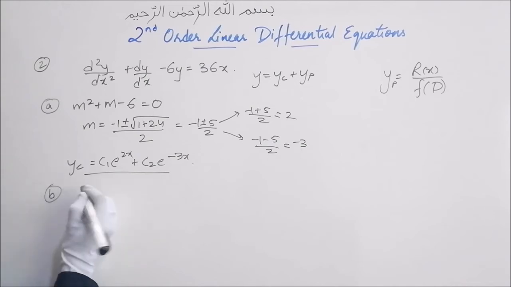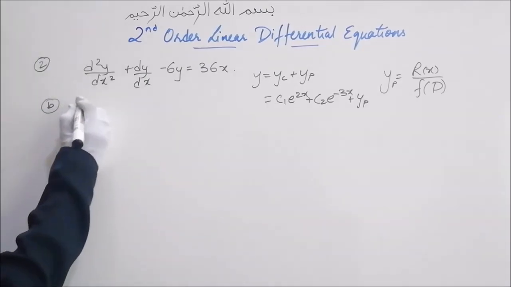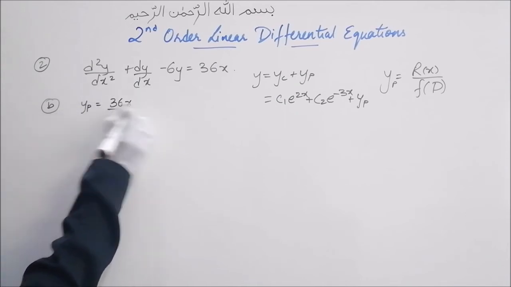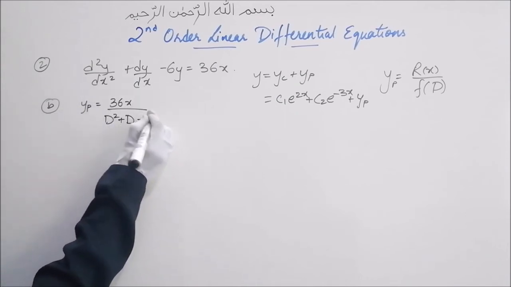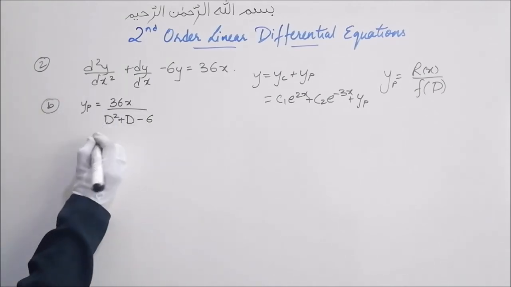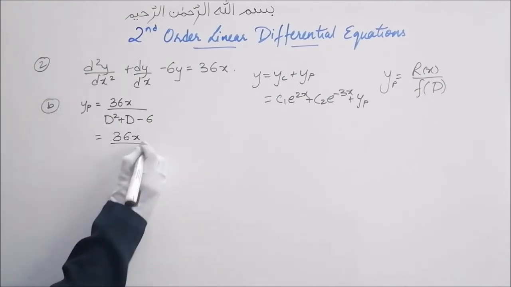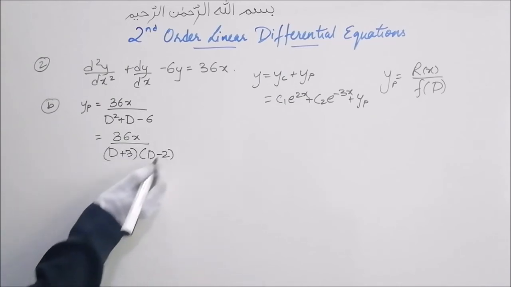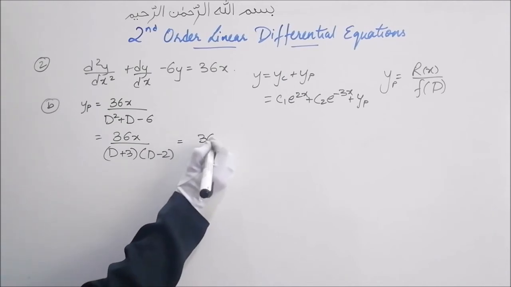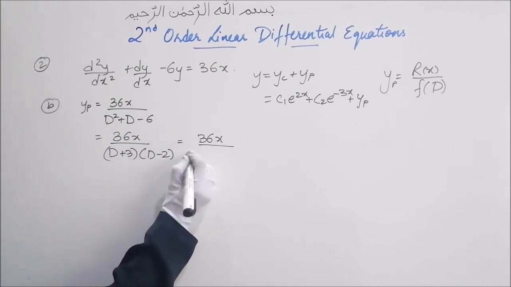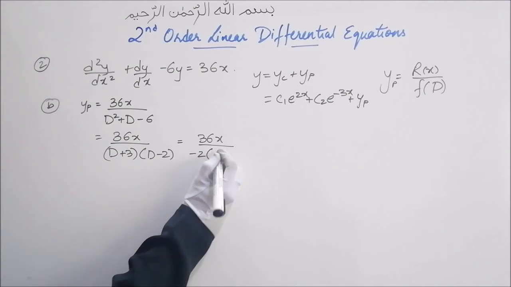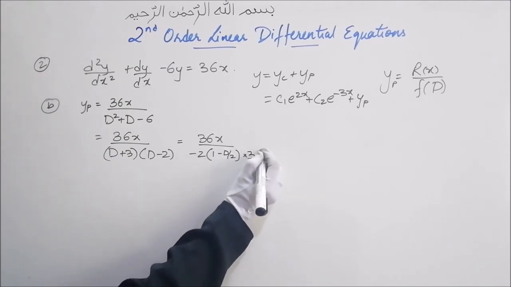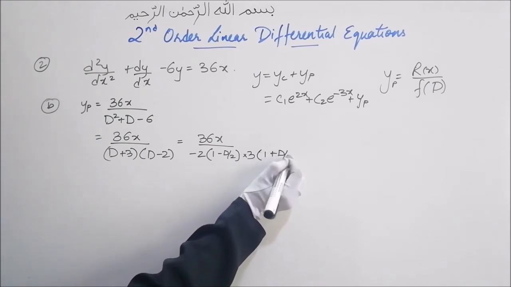Now we'll find the particular integral. For the particular integral, we will take yp equal to 36x divided by d squared plus d minus 6. This can be written as 36x upon d plus 3 into d minus 2. I'll take the lowest power terms outside. I'll get 36x upon minus 2 out, and I'll get here 1 minus d by 2, and 3 out, and I'll get here 1 plus d by 3.